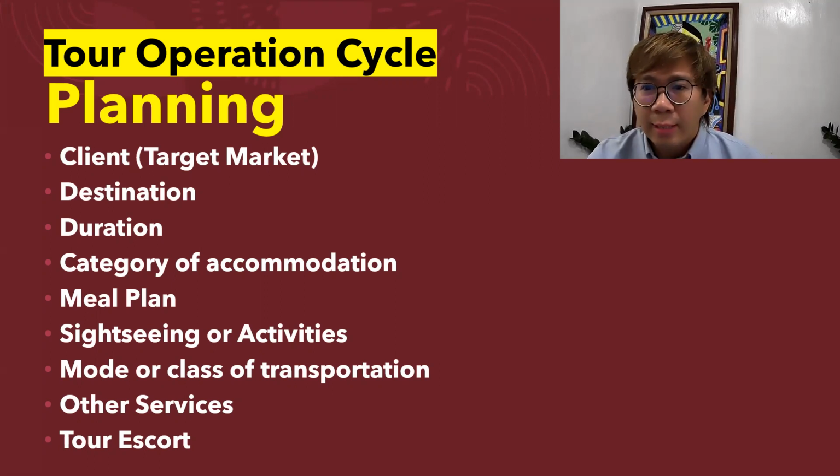Next, category of accommodation. For the accommodation, we are referring here to the hotel. In the case of the hotel, because the hotel has different types of rooms, they have what we call the standard room, deluxe room, and of course the suites. So for the deluxe room, what's the difference of deluxe to suite? Deluxe rooms are basically the middle class, in between the standard and the suite.